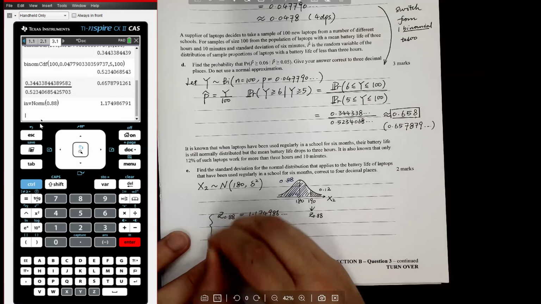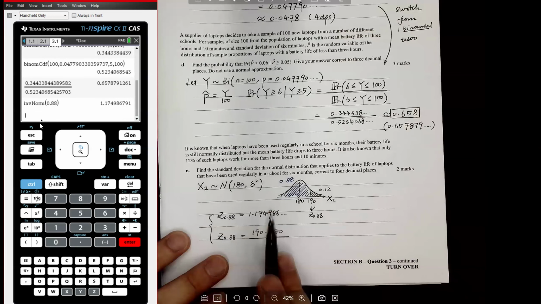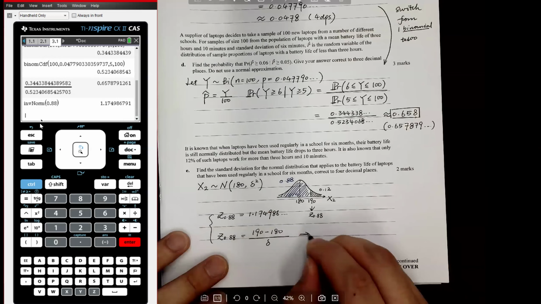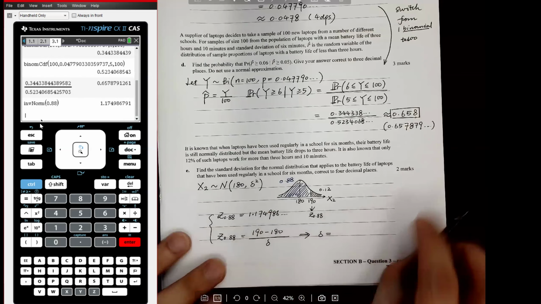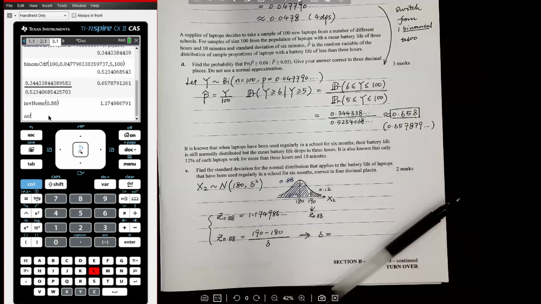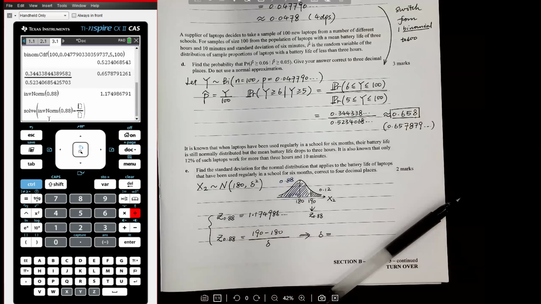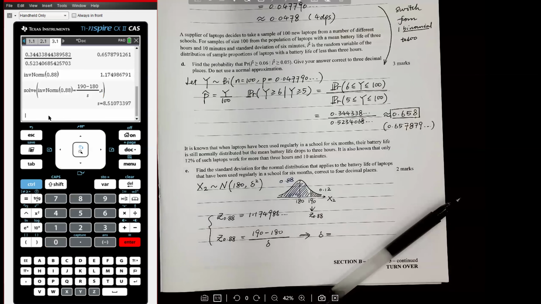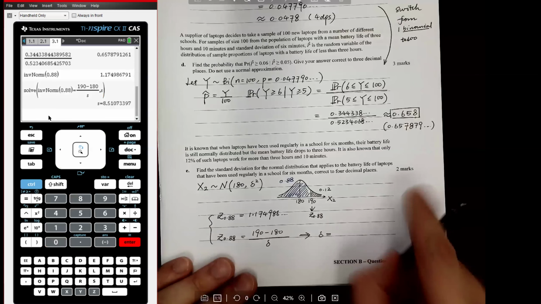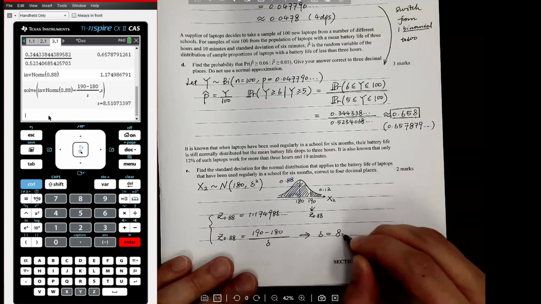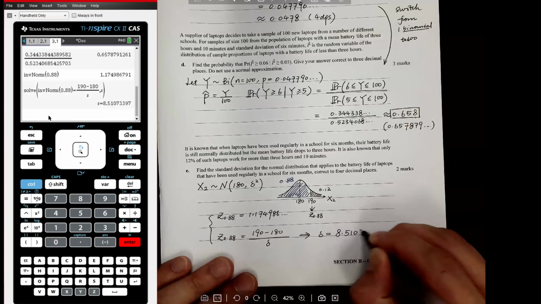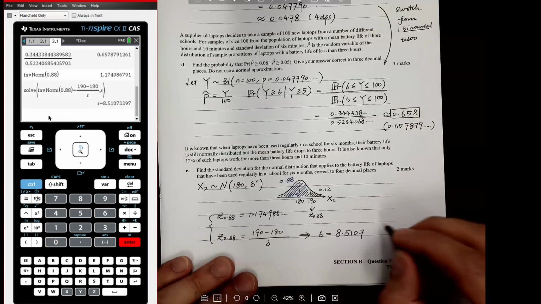So once I equate these two, I'm able to find sigma. For example, I can solve inverse norm 0.88 equals 190 minus 180 divided by sigma, for sigma. Correct to 4 decimal places, that is 8.5107. If I'm not mistaken, that's in minutes.